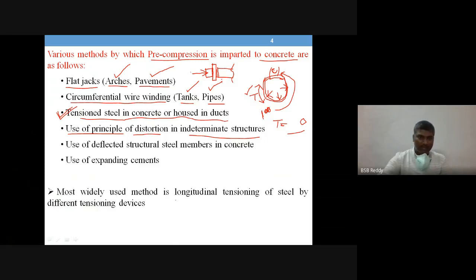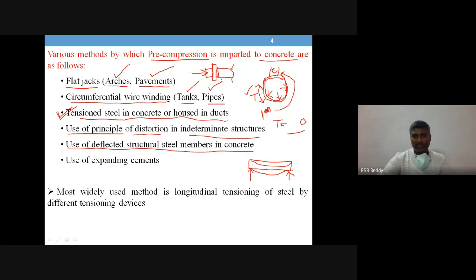And the other technique which is possible is use of deflected structural members in concrete. For example, you have a simply supported beam that is expected to bend down when the loads come.